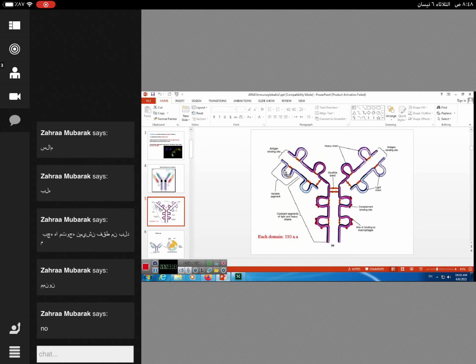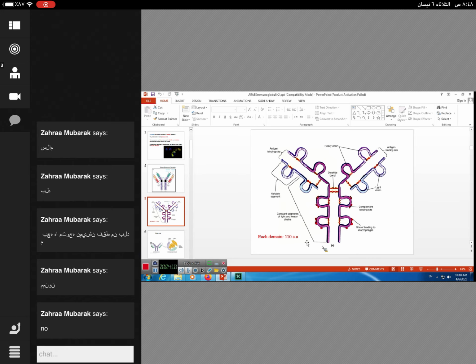One area near the N-terminal is named the variable domain, and the other domains in the C-terminal are named constant domains. So, the light chain or small chain is composed of two immunoglobulin domains, one variable domain and one constant domain, while the heavy chain or large chain is composed of one variable domain and 3 to 4 constant domains. All functions of the antibody molecule are related to the constant domains, and the variable domain only binds to antigen.